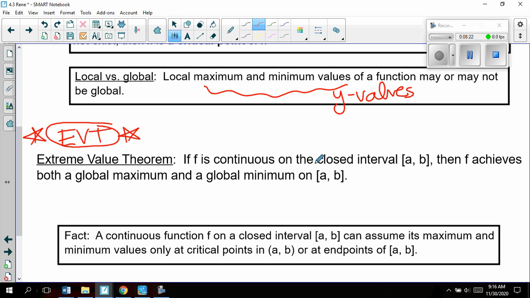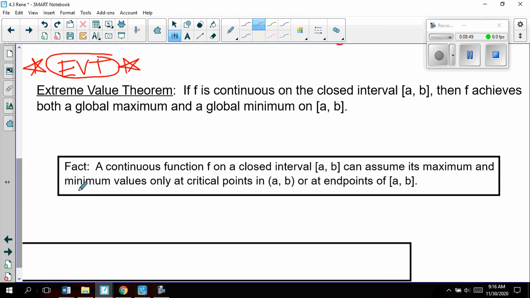So if f is continuous on the closed interval from a to b, then f achieves a global max and a global min on that interval. So extreme meaning max and mins. If it's continuous on the closed interval, and the closed interval is important, you can't have the ends be open, then you have to have some type of max or min that occurs on there. And again, we've already technically done this.